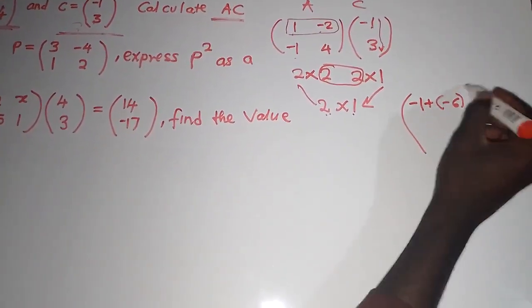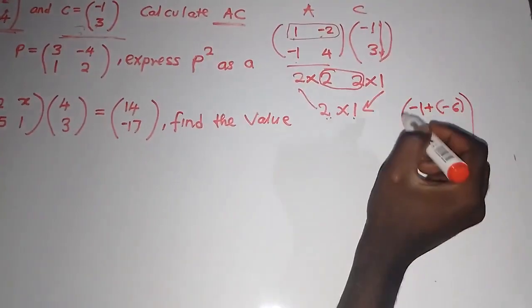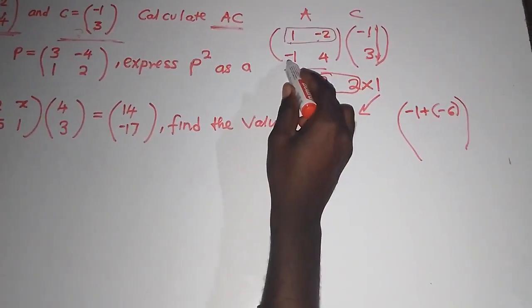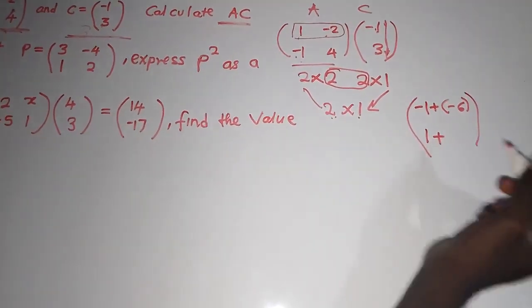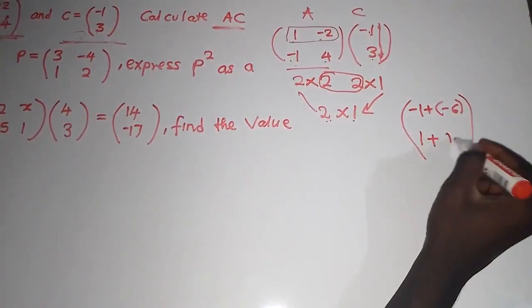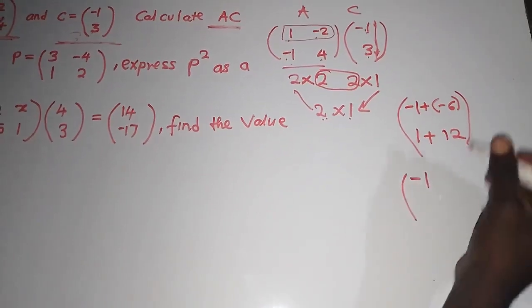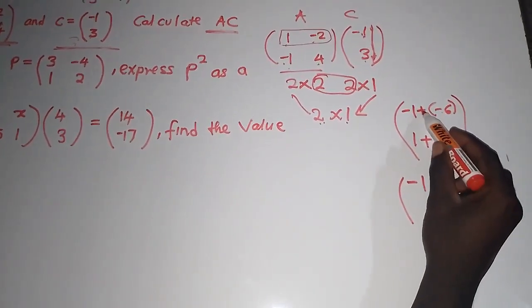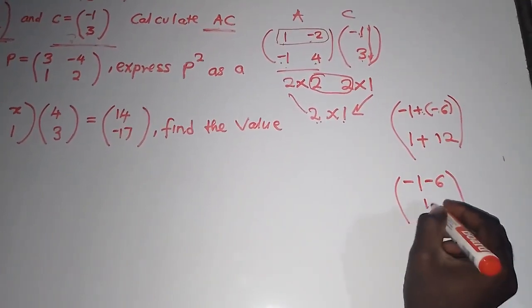I'm done on top. I go down. This is a row, I multiply it against that column. So -1 times -1 is 1. Plus 4 times 3, 12. Then finally, what is my answer? -1, positive times negative is negative, so -6. Here it's 13.